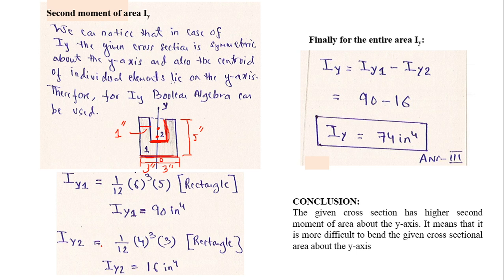So Iy2 comes out to be 1 by 12 cube of the 4 into 3, which gives me 16 inch^4. Since this smaller rectangle, shape number 2, is actually not existing, I have to subtract the second moment of area of this shape from the second moment of area of the first shape, because this is actually not existing.